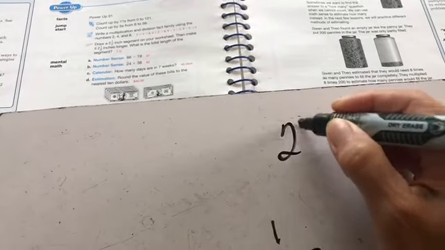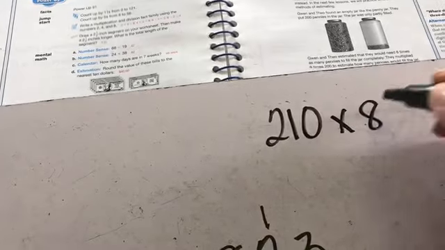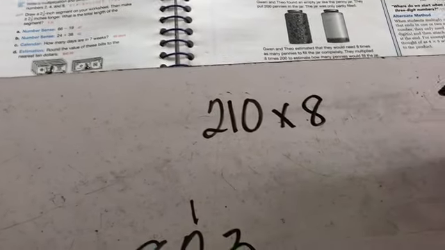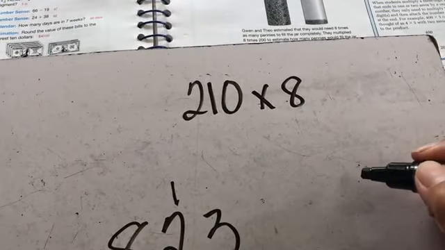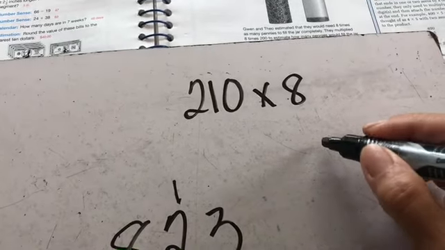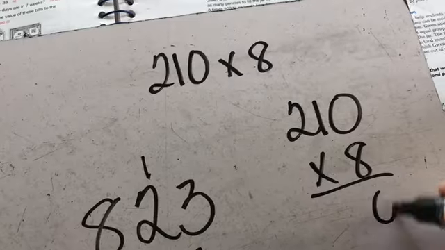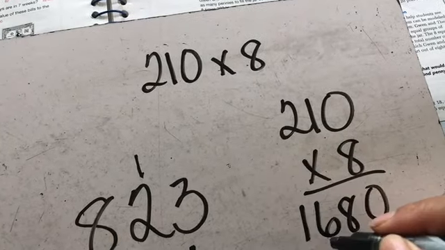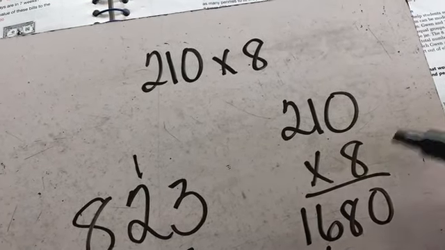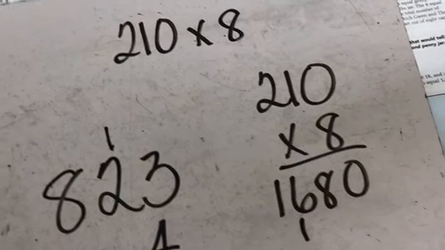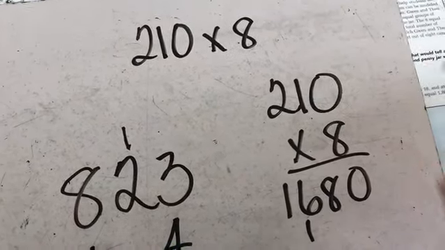This is one of the reasons I keep telling you it's important that when you see a problem, let's say 210 times 8, I want you to put it into a vertical position to work it out. That way, when you need to carry over numbers, you can.